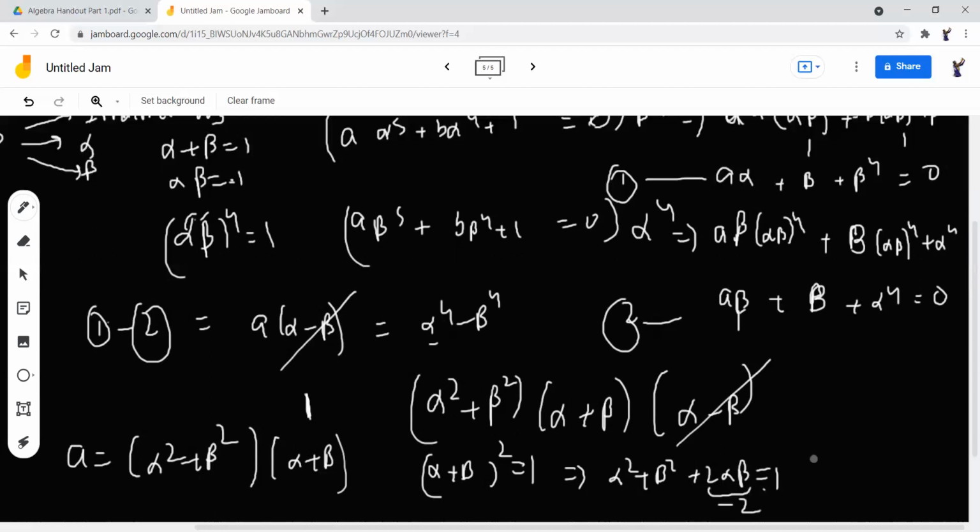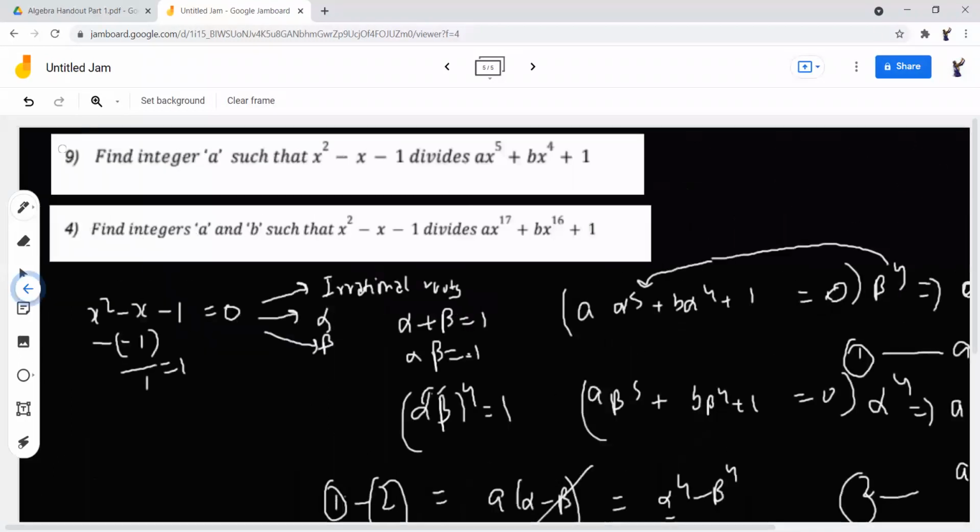So I get alpha square plus beta square equals to 3. So I get 3 and I get 1. So I get a equals to 3. So in question 9, I get a equals to 3.